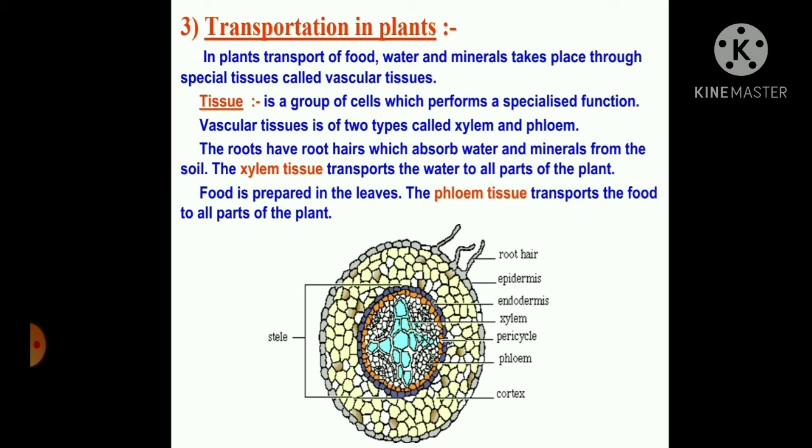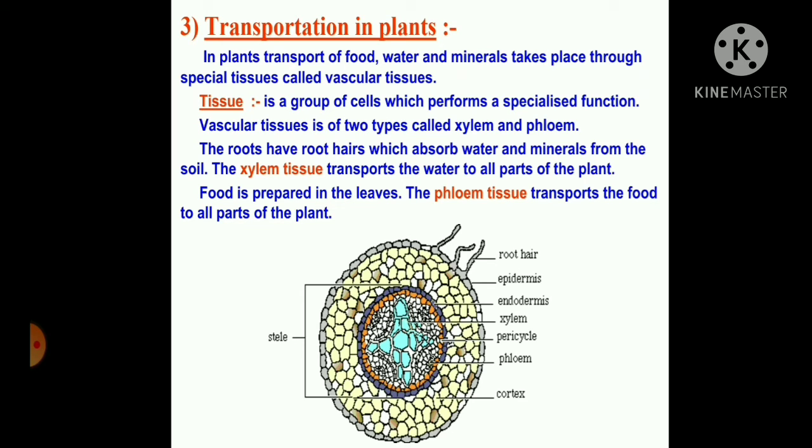So basically, when we see how the transportation occurs in the plants, plants have two types of tissues. When the plant absorbs the water and the minerals from the soil, the water and the minerals have to be transported to all parts of the plant, and this is done by the xylem tissue.